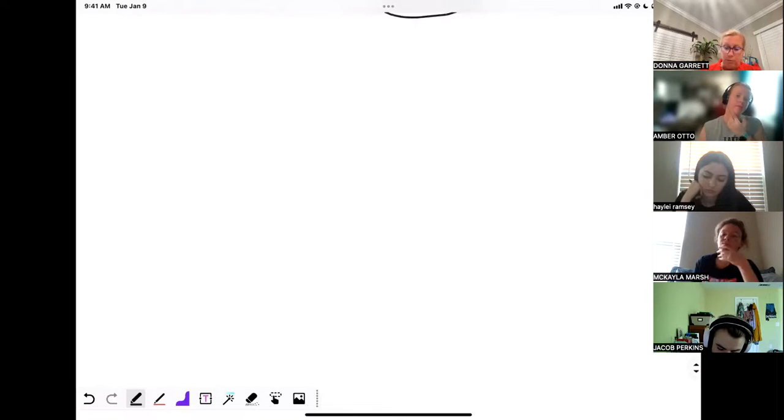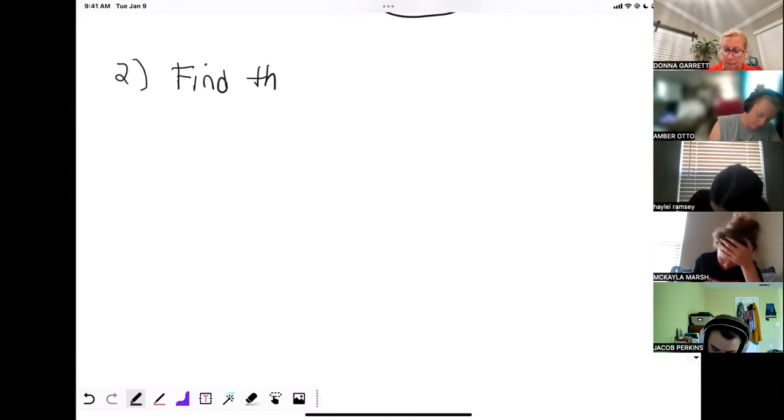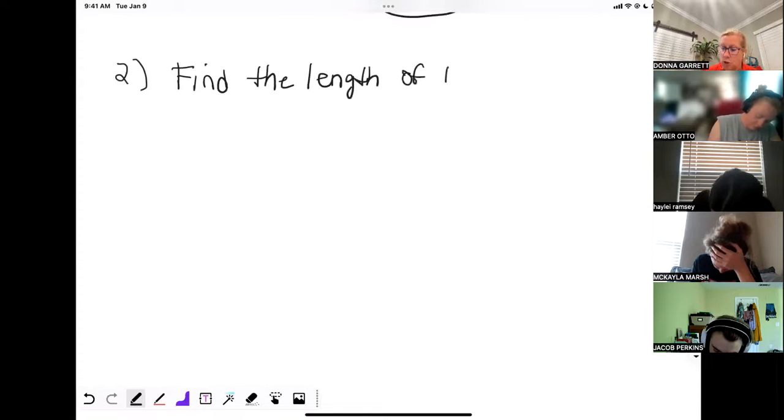All right, here's my problem. Find the length of the shorter leg.